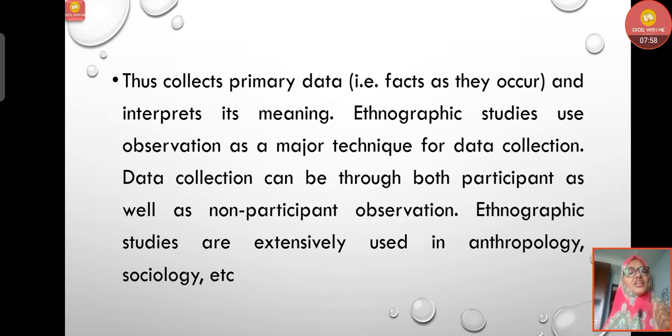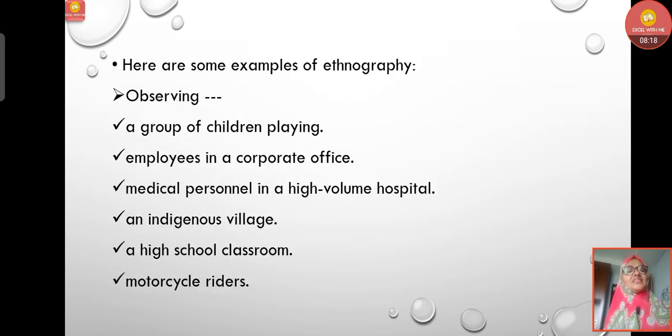Now, ethnographic studies are extensively used in anthropology, that is the study of human behavior, and sociology, obviously related to the society. Anthropology is studying about human beings. Sociology is related to studying about the society. So primarily in these two fields, ethnographic studies are done.